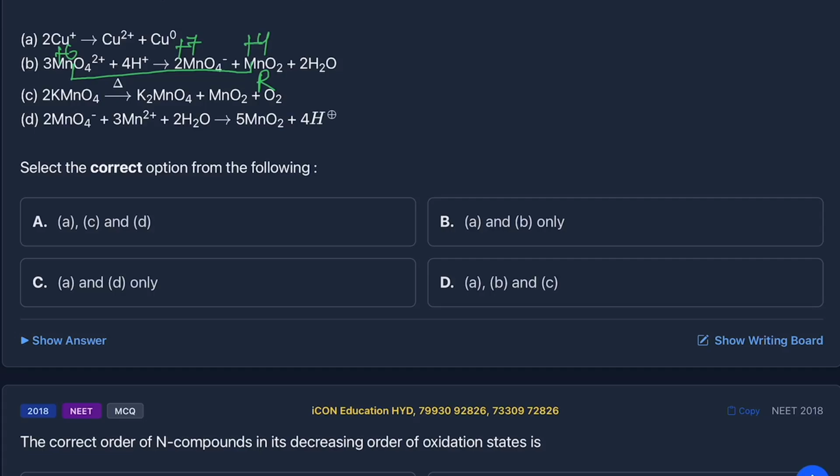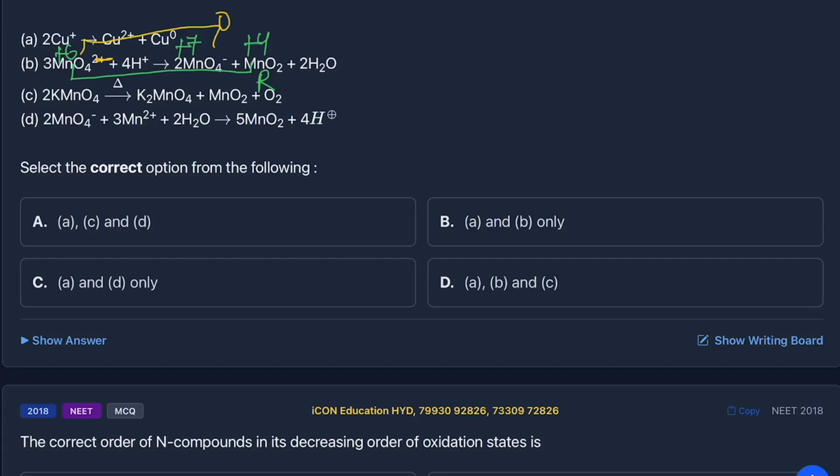And Mn +6 to +7 is an increase in oxidation state, which means oxidation. So here also the same substance, MnO4 2-, is oxidized and reduced.